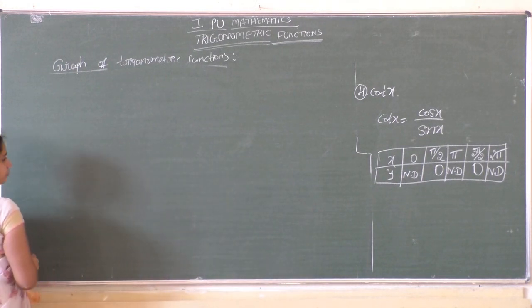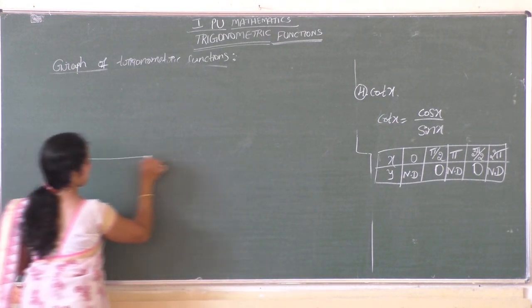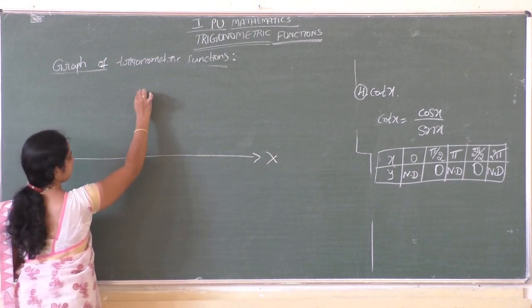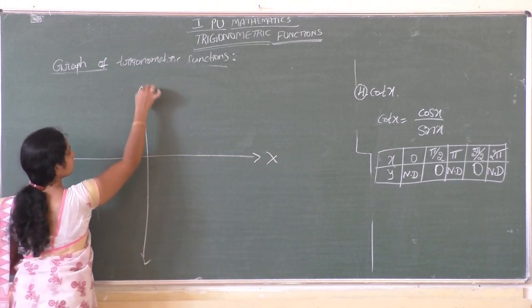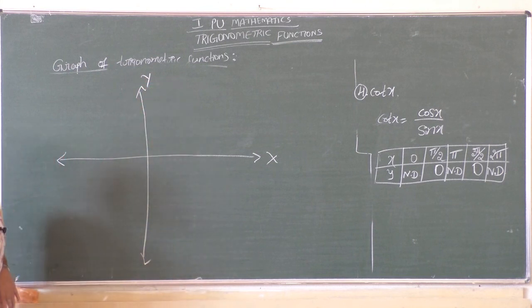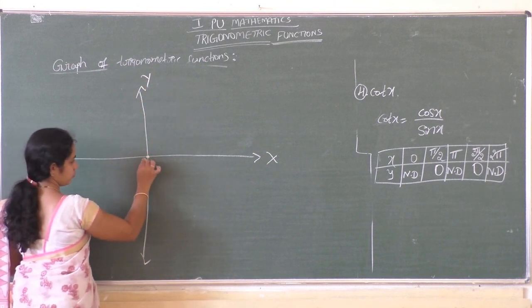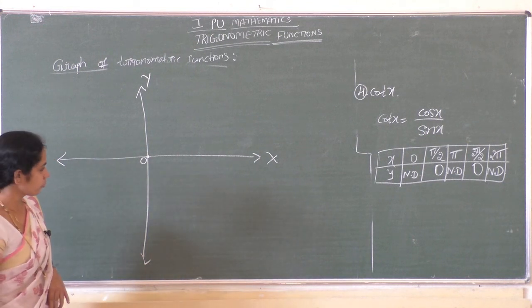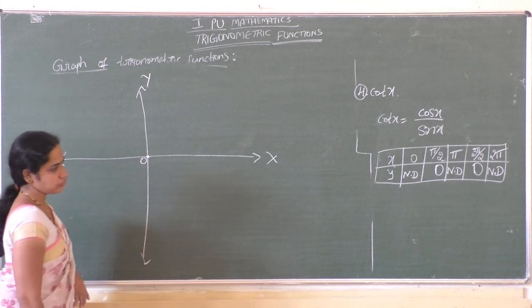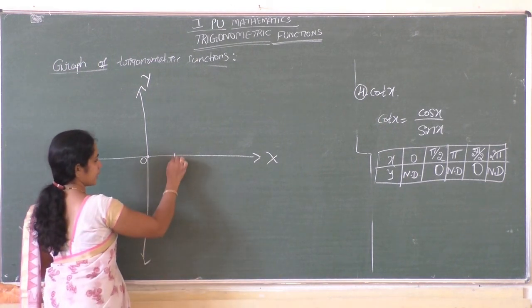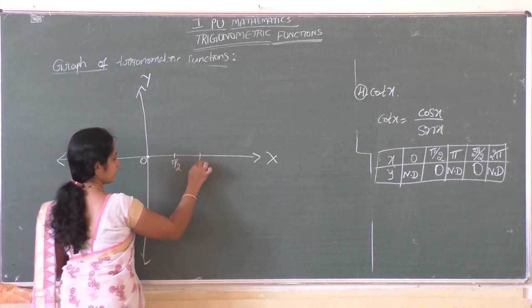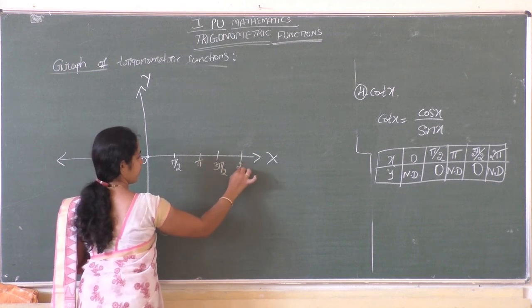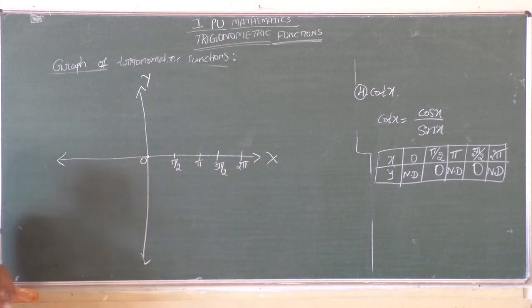Now take the x and y axis, origin 0. On the x axis, let us take radian values: pi by 2, pi, 3 pi by 2, 2 pi.